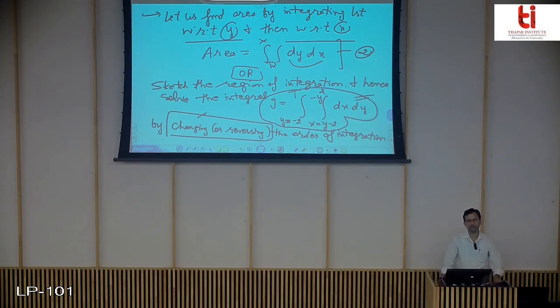You can't integrate it as such, because he says change the order of integration and then integrate. That is, you must take y here and x here, and that will change these limits of integration, because they are dependent upon one another. The limits of x depend upon y, so they will change.